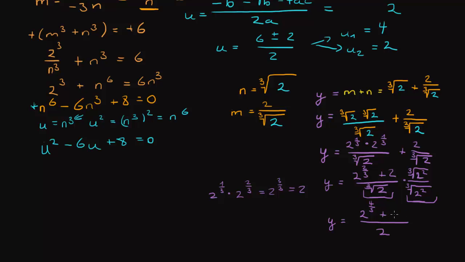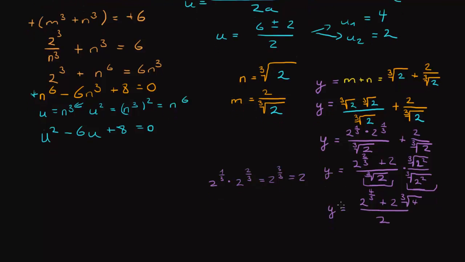Plus 2 times the third square root of 4, right? 2 squared is 4. So what does that simplify to? Well, let me scroll down a bit.